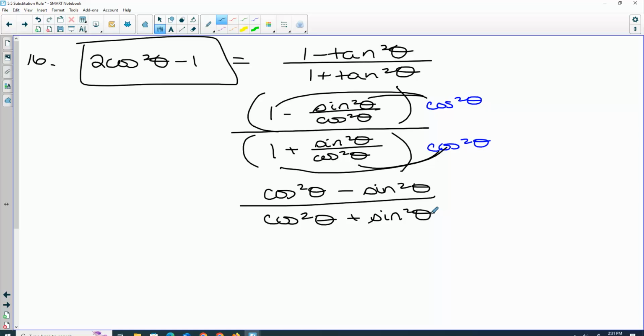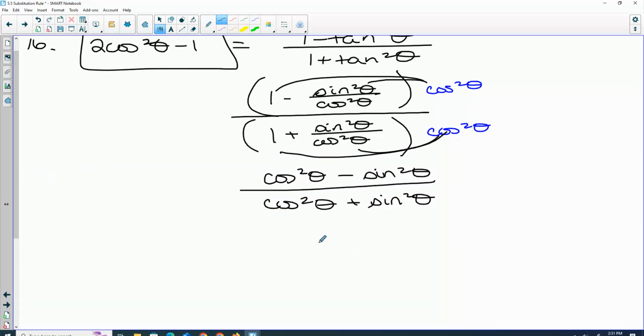Okay. Again, from here we have multiple options. Probably the easy one is on the bottom: cosine squared plus sine squared is 1. On the top, you might recognize it. Cosine squared minus sine squared. That's a double angle identity. That's cosine 2 theta.